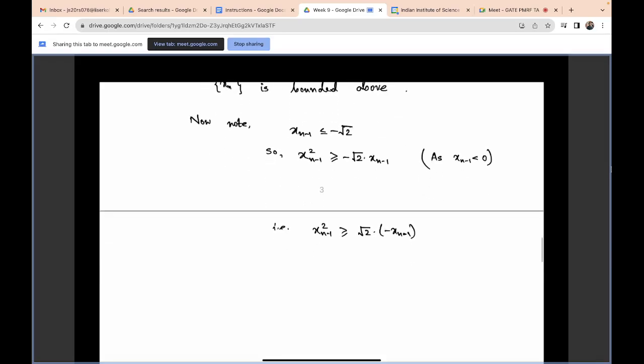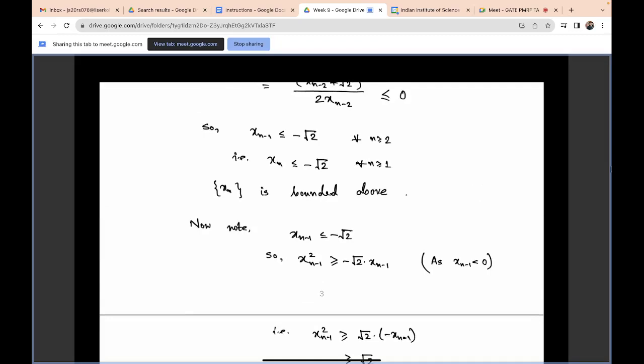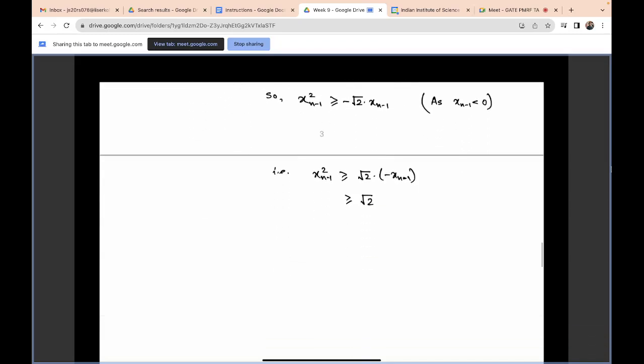What is minus of xn minus 1? From here you can see that minus xn minus 1 is greater than root 2.